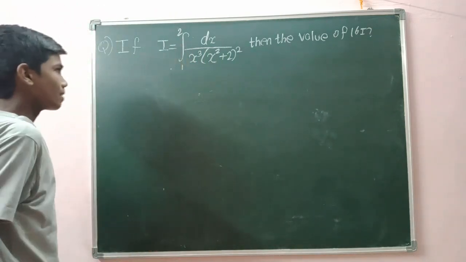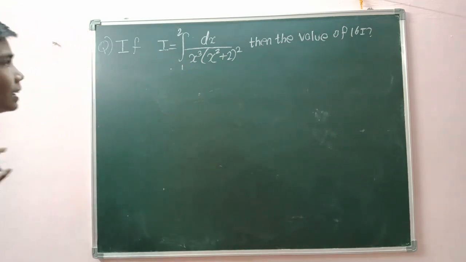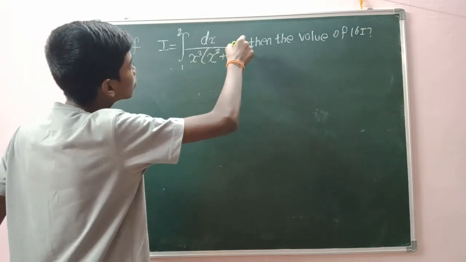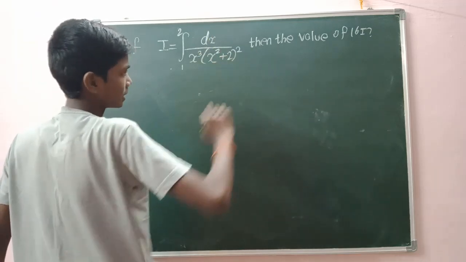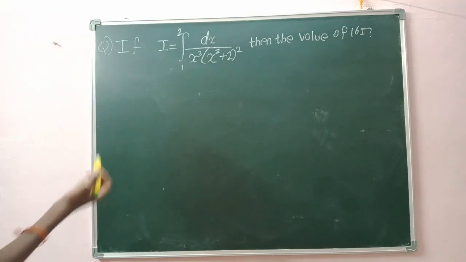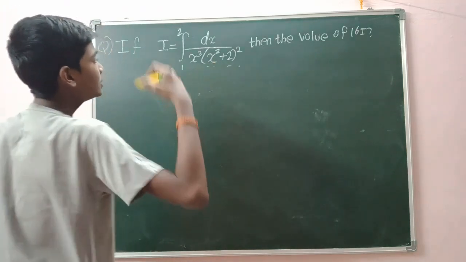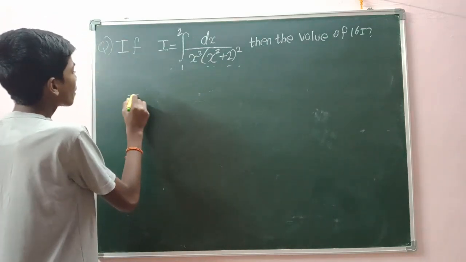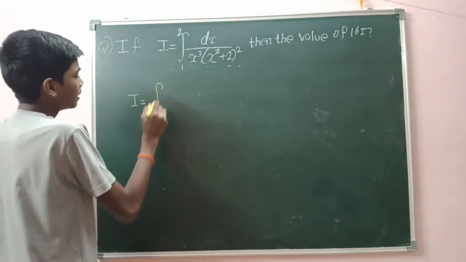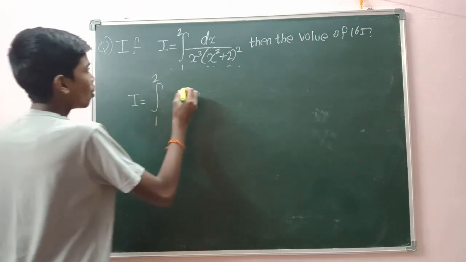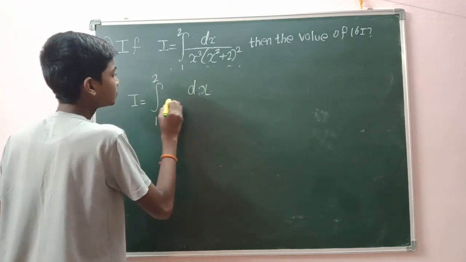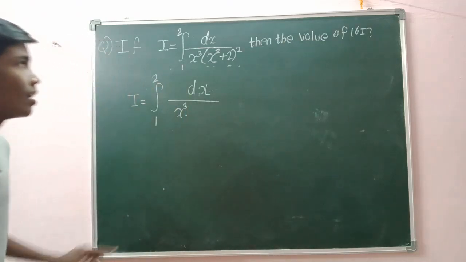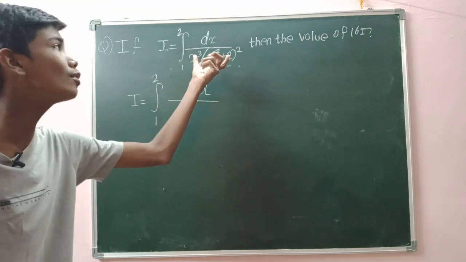We know this is I. Now what I am going to do is, in this particular x cube into the bracket of (x square plus 2) whole square, this whole square is for this bracket. In this bracket, I am going to take x square common. When I take x square common, the same can be written as the integral from 1 to 2 of dx divided by x cube into x to the power 4 times (1 plus 2 by x square) whole square.